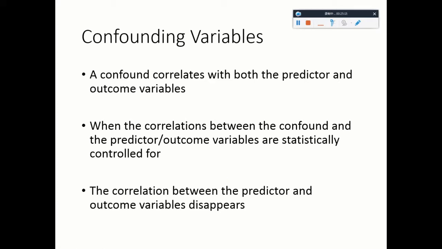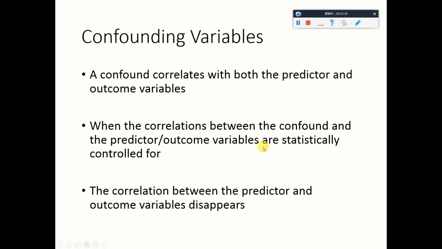Let me repeat, right? If we can establish that, first of all, a third variable correlates with both the predictor and outcome variables, and once we can control these two correlations between the confound and predictor, between the confound and outcome variables, right? Two correlations.